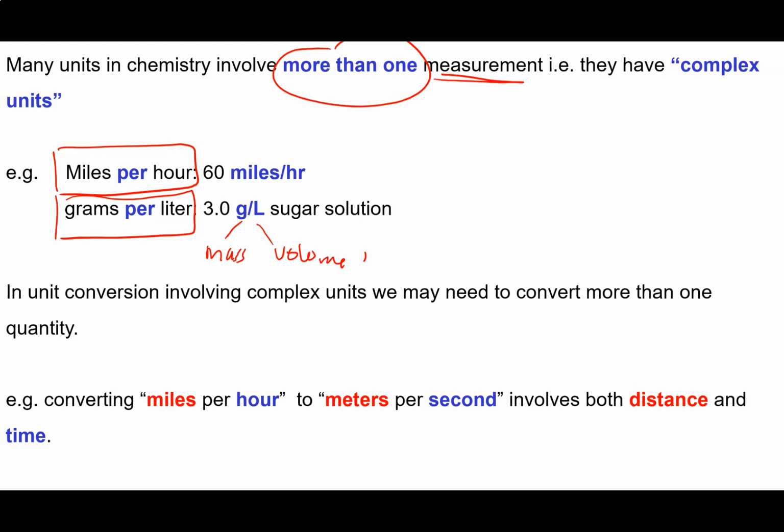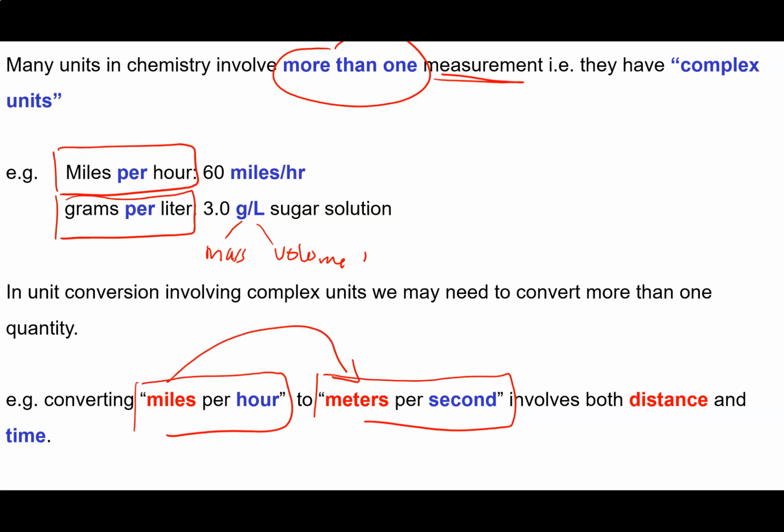So this is interesting, right? There's a couple of things that can happen here. If I'm going to convert miles per hour to meters per second, I actually have to do 2 conversions. I have to convert the miles to meters, that's the length part, and then I have to convert the hours to seconds, that's the time part. So it can get complicated.